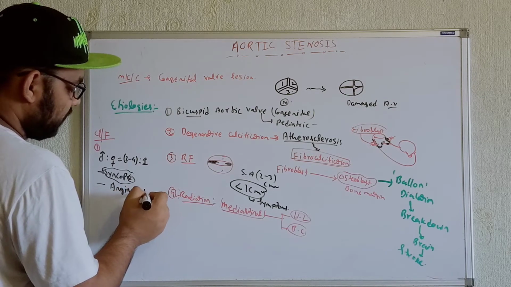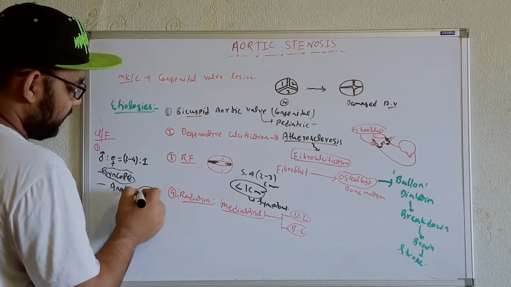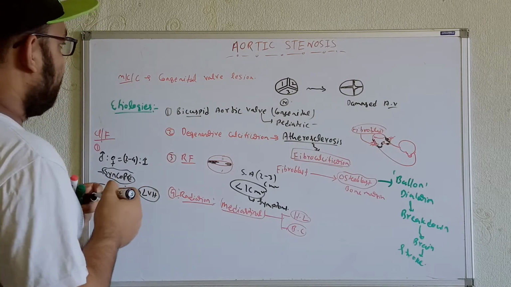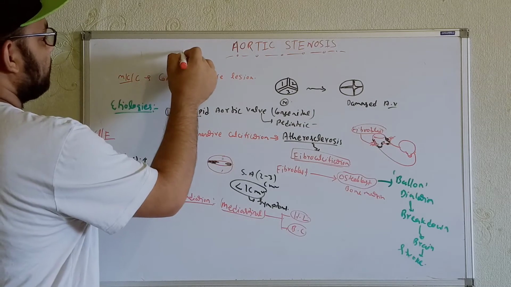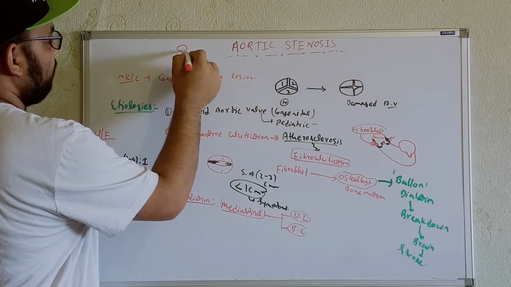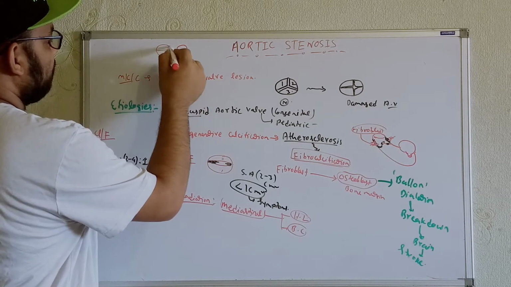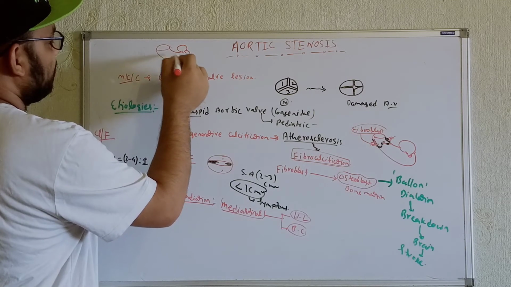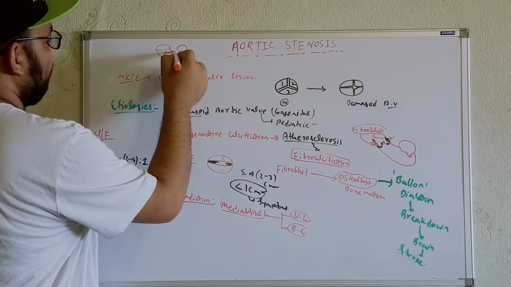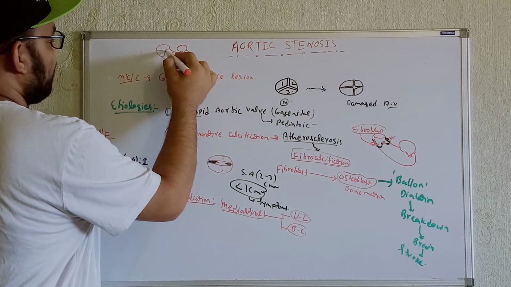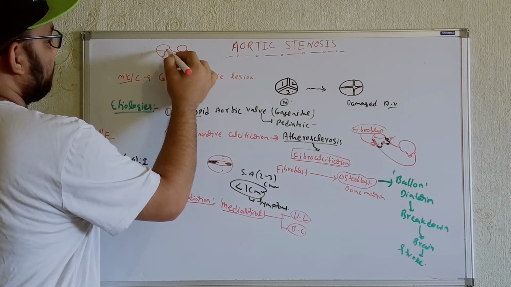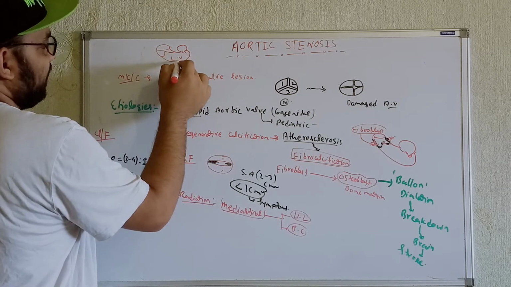Why? Because we'll get left ventricular hypertrophy here. Try to understand: this is the left ventricle. Whenever we are seeing stenosis within the aortic valve level, the blood will not be able to go from the left ventricle to the aorta.